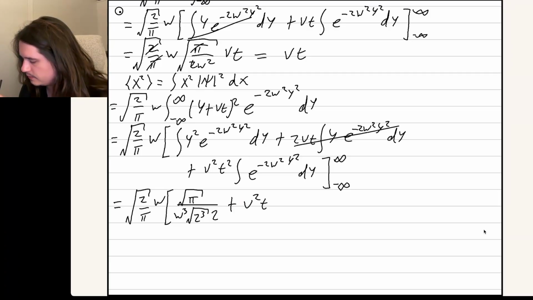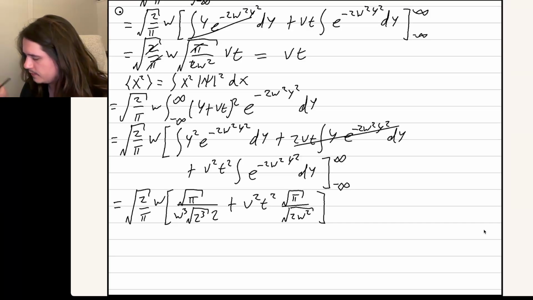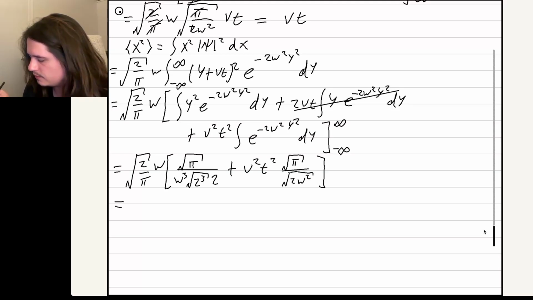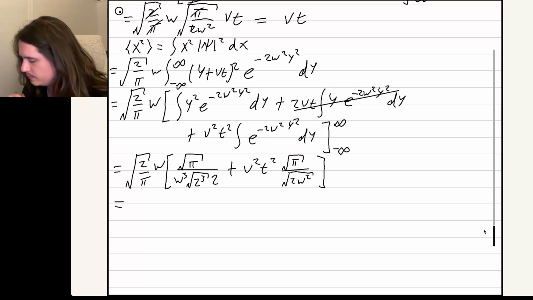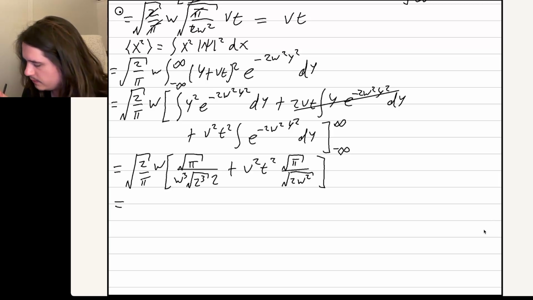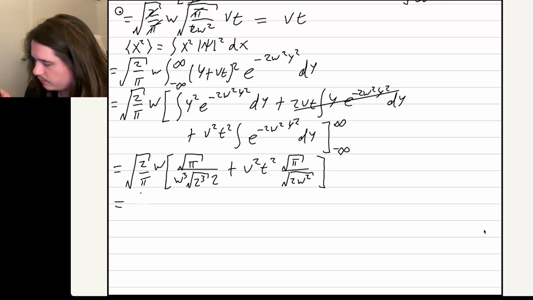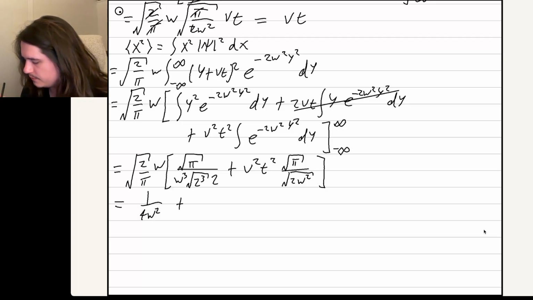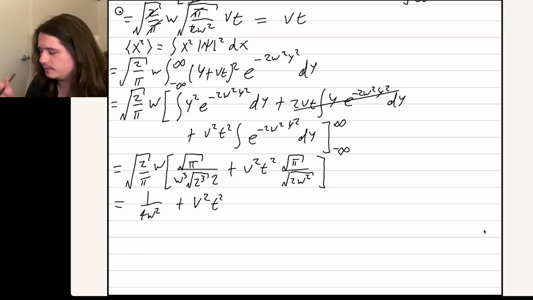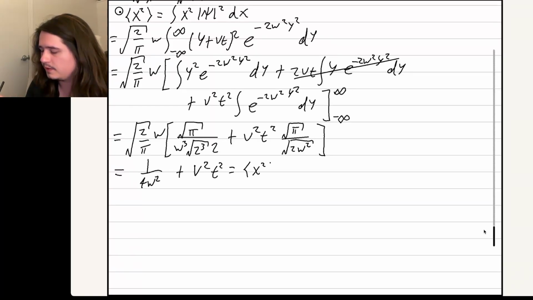This is v squared t squared, root pi over root 2 w squared. So again, the pi's cancel out and the root 2's cancel out, so it's 1 over 4 w squared, plus v squared t squared. That's x squared.